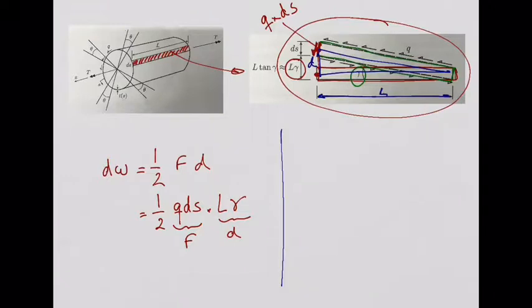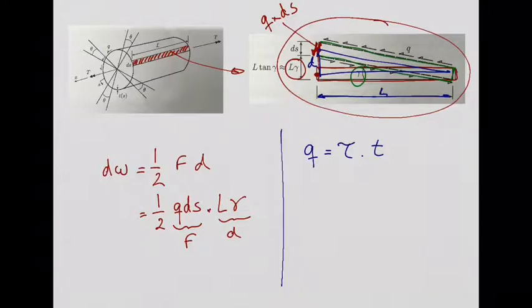One is that the shear flow is equal to the shear stress times the thickness, right? Don't forget, the shear stress is a force per unit area. The shear flow is a force per unit length. So if I multiply the shear stress by a length, in this case the thickness, I get the shear flow.